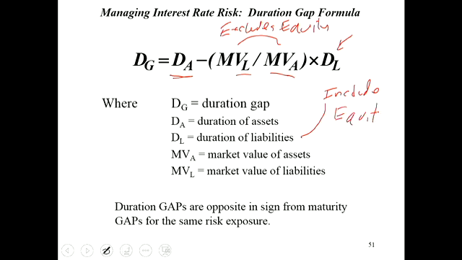So that's something just to remember if you're going to have to do one of these. So in one sense, the hard part, as far as the calculation concerned, is calculating the durations of these portfolios, because basically you have to do a duration for every single component of the portfolio and then combine it into a portfolio. But if you can do that, then you end up with a gap.